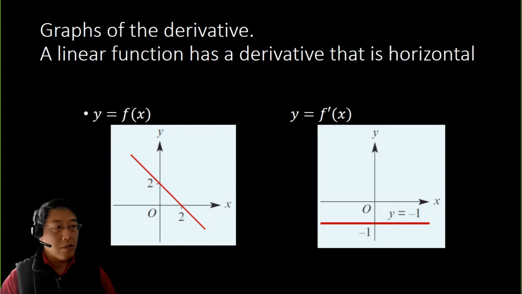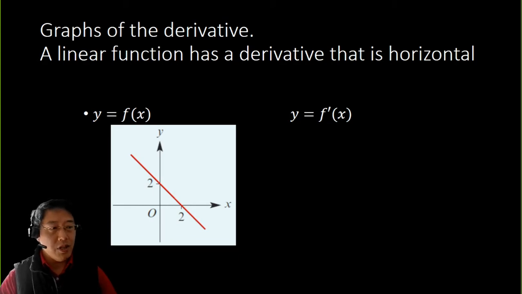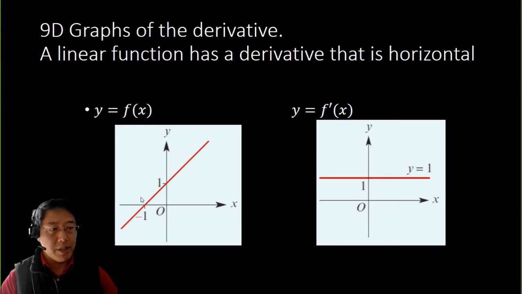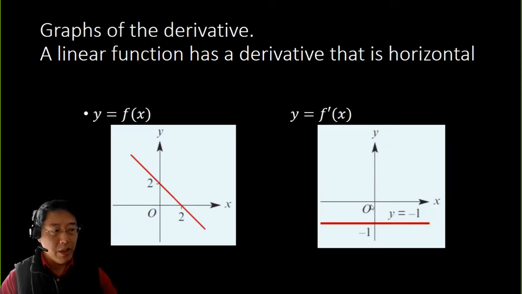So again, its position will depend on the value of the gradient. If it's increasing, the derivative will be on the positive side as a horizontal line. If it's negative, it will be on the negative side of the y-axis.